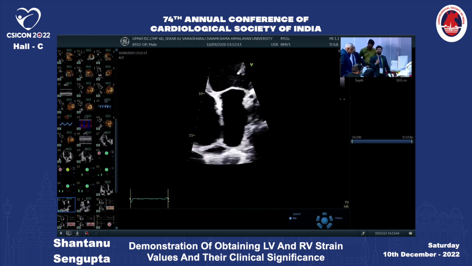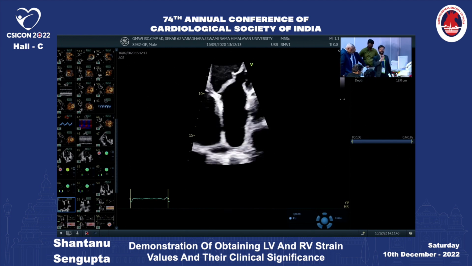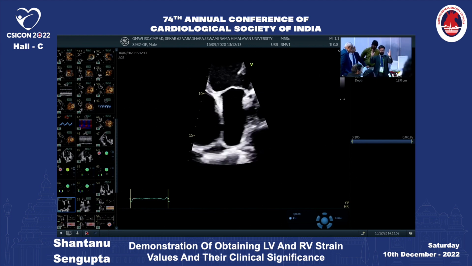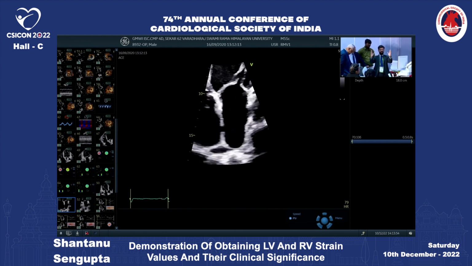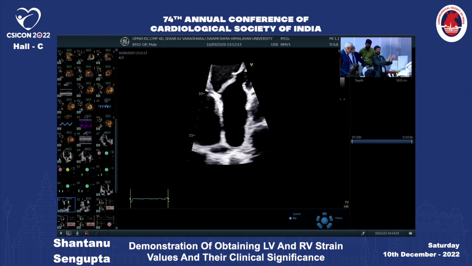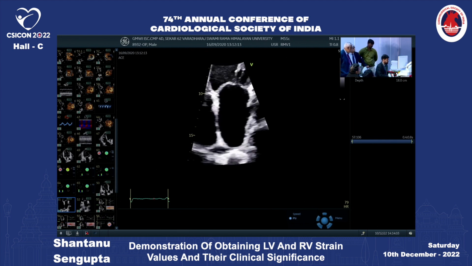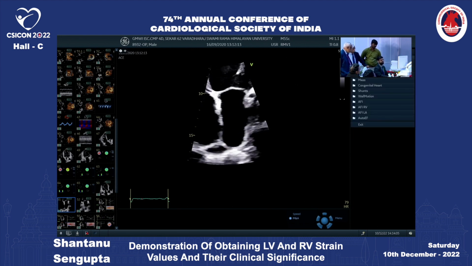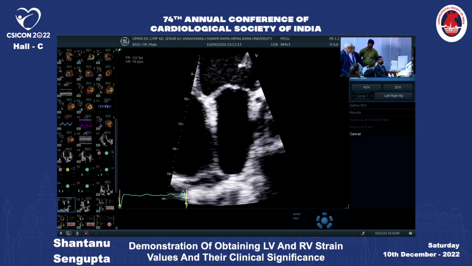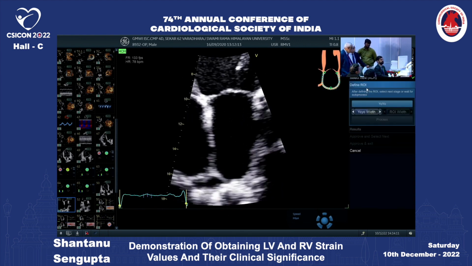Third thing is something called PP gating and RR gating. The ECG shows R and R. You can do an RR cycle or you can do a PP cycle. The most preferred is to identify the RR cycle, so the machine is set up with the RR cycle. You identify the structure and go for the LA strain, and it asks for the 4-chamber view.